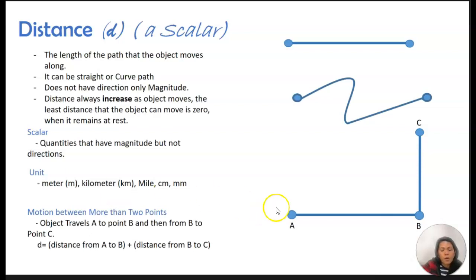So how are we going to look at the distance to solve for the total path taken? The distance is just the A to B magnitude plus the B to C magnitude, and that gives you the distance of this two-dimensional motion path.